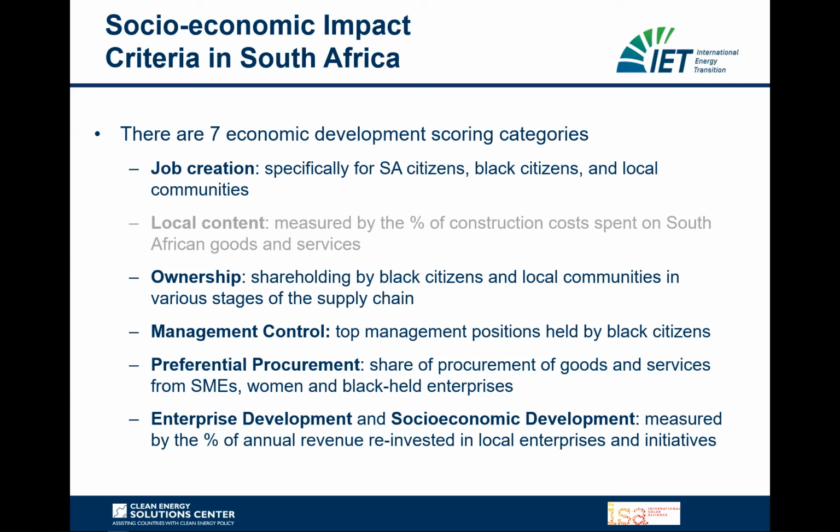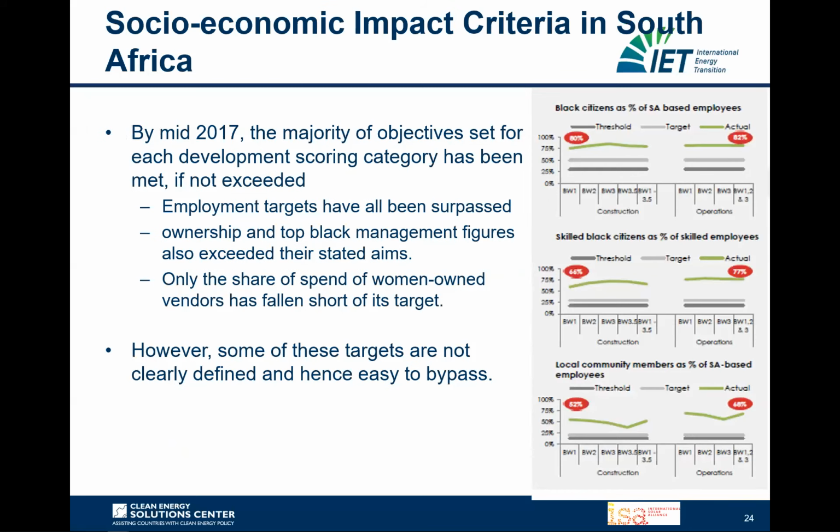So this is just an example to show you how detailed and how complex the requirements for additional policy objectives can actually become. And South Africa has proven to be very successful with their auction design, and also the additional policy objectives that they have built into that.